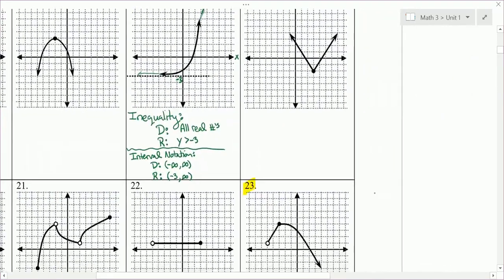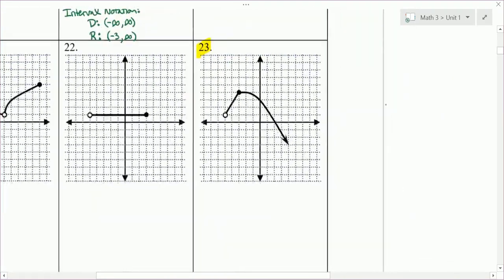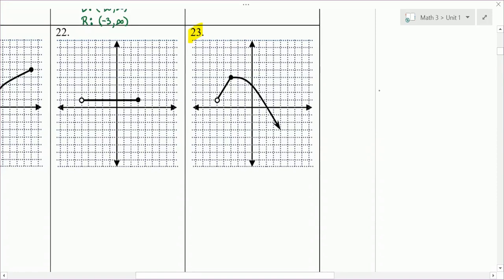So let's try this again with number 23. Number 23 is not a shape that we've looked at. It looks like we have a piece of a line here and maybe a piece of a parabola, or, since it's rounded, maybe an upside down exponential function. Either way, we're going to try to give the domain and range here. First, let's work with inequality notation.